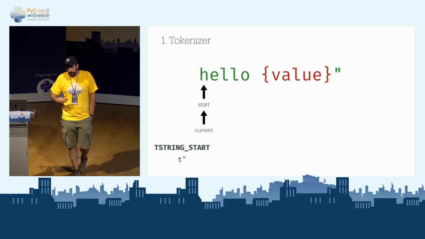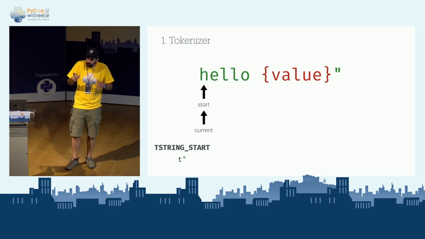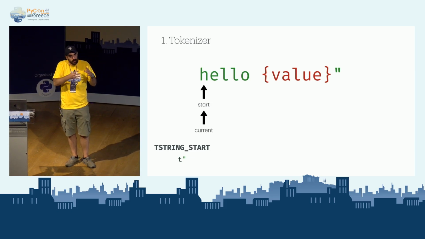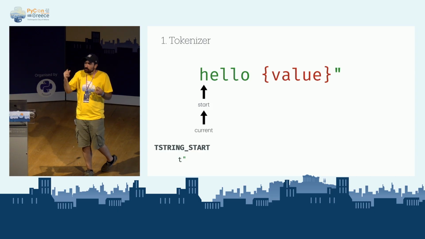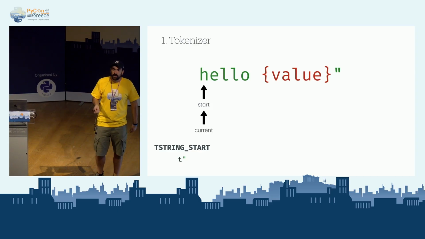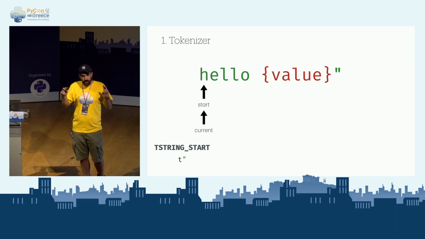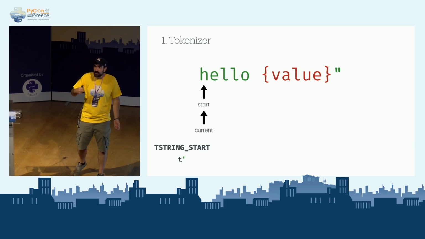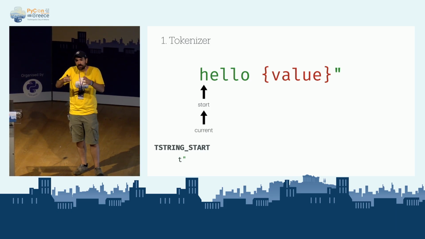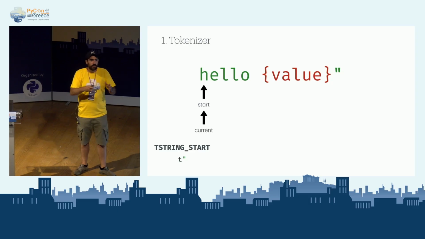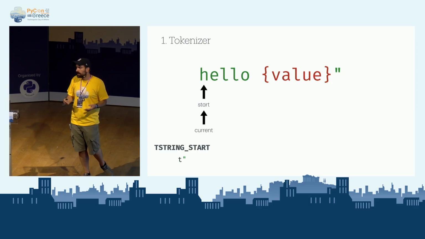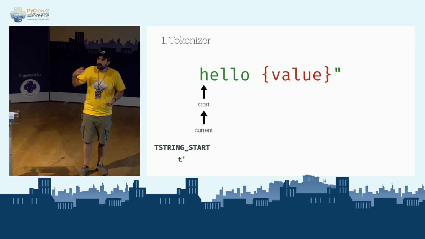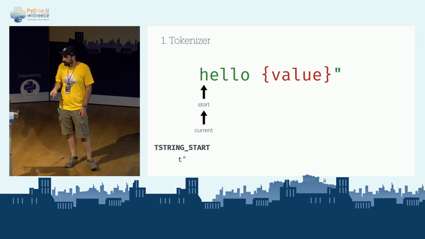And then the same story happens, and the tokenizer knows how each token is formed. So, for example, it knows that T followed by a quotation mark, any quotation mark, is a T-string start token. So it reads in the new character, asks itself, is this a token? And if not, it goes on and on and on.